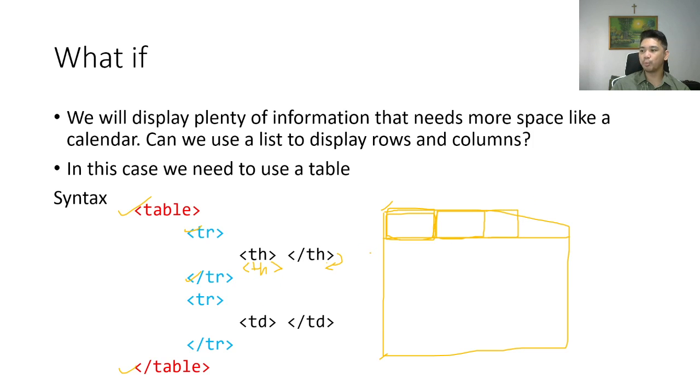Now, paano tayo pupunta sa susunod na row? We will now write the second tr. Pag naglagay tayo ng second tr, gagawa na siya ng pangalawang row. And then again, nag-td, magkakaroon ng isang cell. Kapag nagkaroon ng isa pang td, mag-create siya ng pangalawang cell, and so on and so forth.